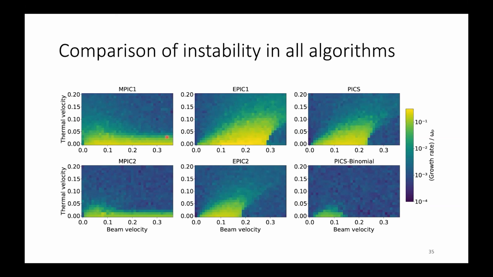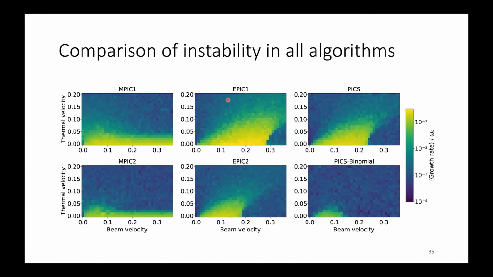And so if you look at the background here, you can see, based on if it's a lighter blue or a darker blue, how much noise there is in the simulation. And so you can see that EPIC1 here, that's using a nearest grid point interpolation, definitely has a little bit more particle noise. So that's a trade-off you're making in return for using a larger cell size that allows you to not have to resolve the Debye length.